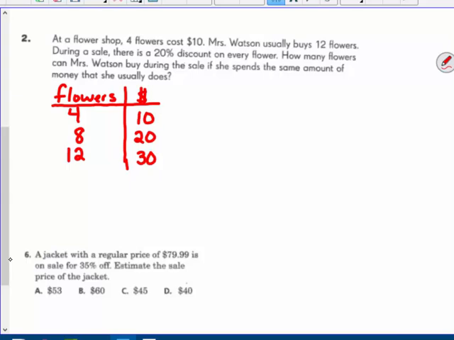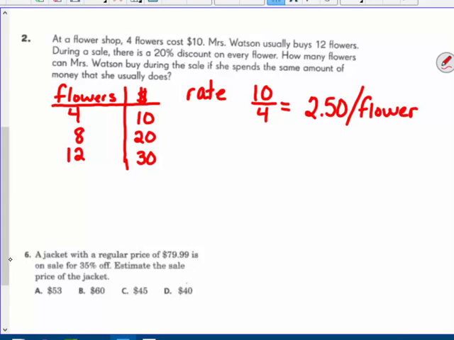Well, I need to know what is the rate that she's currently buying flowers at. So I've got to find a rate. Well, I take my $10 and divide it by my 4 flowers, and I would get that she's spending currently $2.50 per flower. That's the rate. But it's now been discounted by 20%.